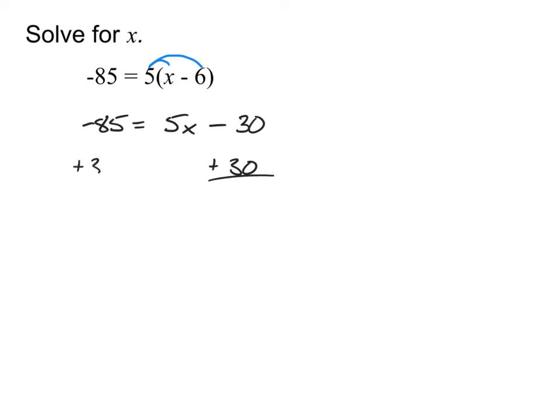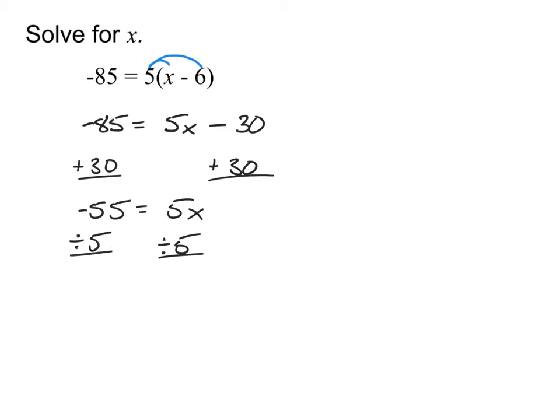So I add 30 to both sides, then that's going to give me a negative 55 equals 5x. Now to get the x by itself, I need to get rid of the 5 that is being multiplied by x. And in order to undo the multiplication, I then must divide. So we're going to go ahead and divide both sides now by that 5.